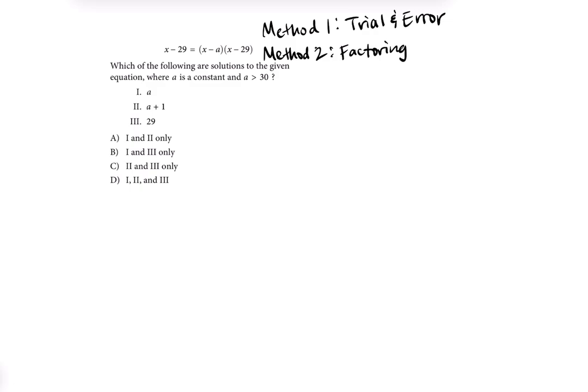So the first thing I notice here is that my equation on the right side is in factored form. And usually anytime you have an equation that is in factored form, you want to make sure that it is set equal to 0 so you can solve for the solutions. So I'm going to take this x minus 29 on the left and move it over to the right so I can have my equation set equal to 0.